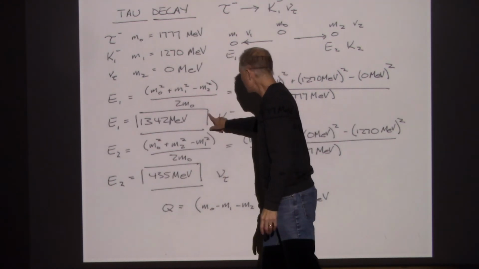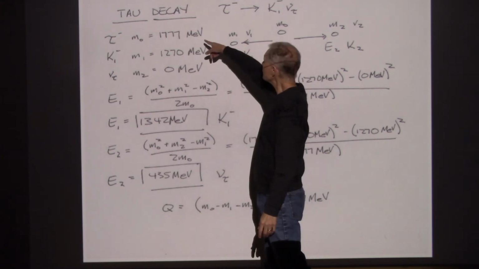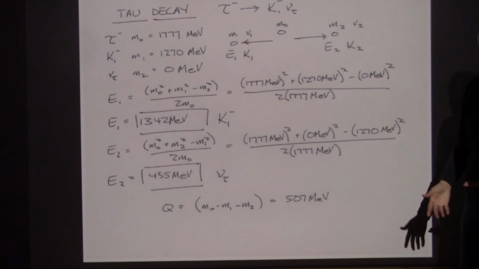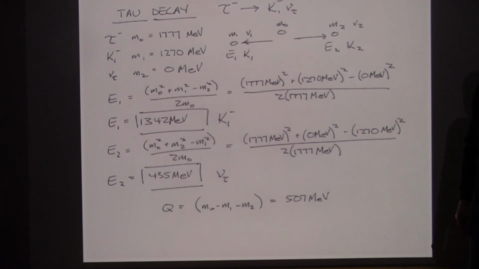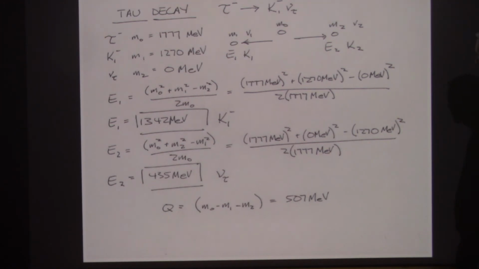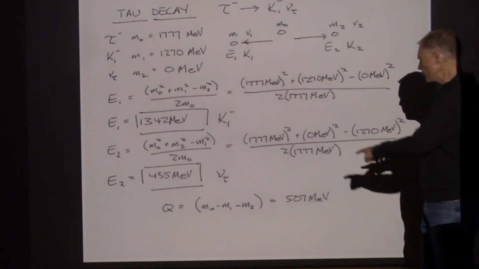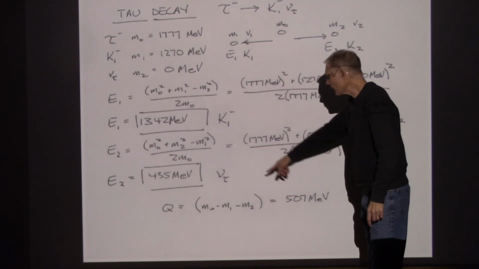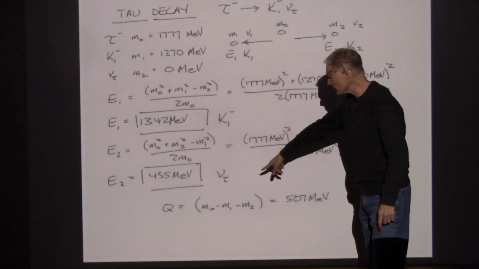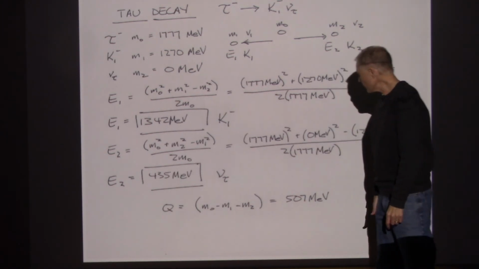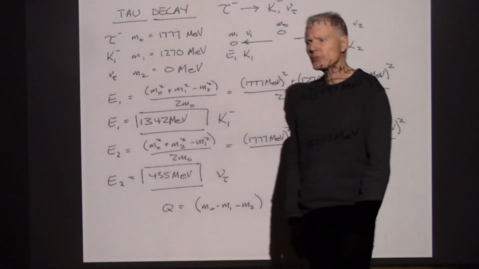Now these two numbers combined have to be equal to the original energy, which was the mass energy of the particle that we started with, the tau. Now, this much mass went missing. If I take the mass of the tau and subtract off the mass of the K1 and the mass of the neutrino, there's 507 MeV of mass missing.